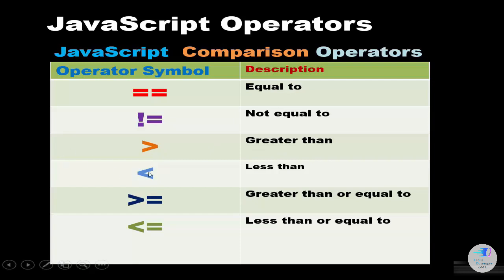Next is the less than sign. This sign refers to less than, and then this is greater than or equal to. If you want to find out if a value is greater than or equal to, you use this symbol. If you want to find out if a value is less than or equal to, you use this symbol. So these are the comparison operators used in JavaScript.